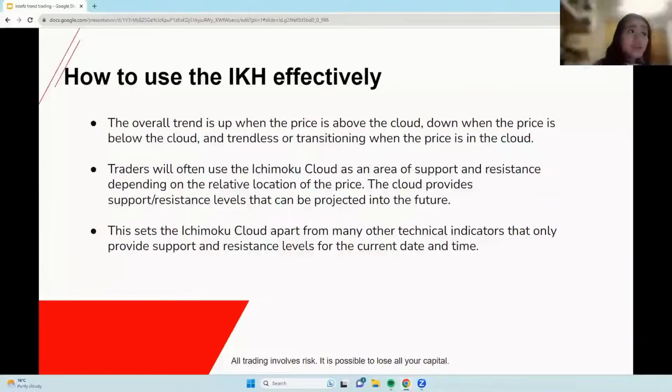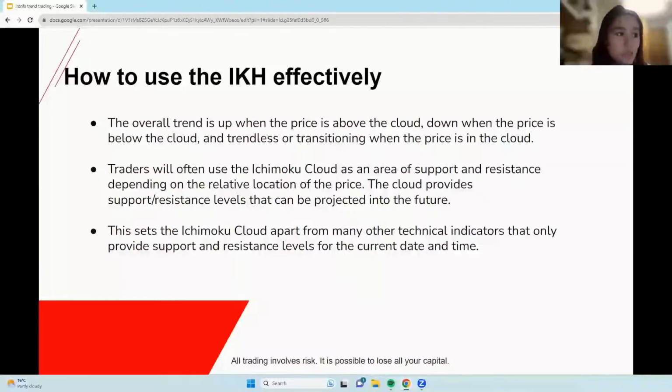Okay, so how do we use the Ichimoku indicator effectively? The overall trend is up when the price is above the cloud and down when price is below the cloud. So traders will often use the Ichimoku cloud as an area of support and resistance depending on the relative location of the price, which is what we talked about in the second step.